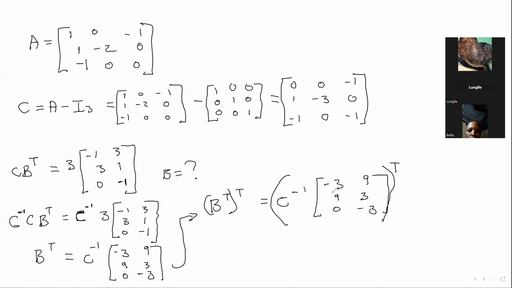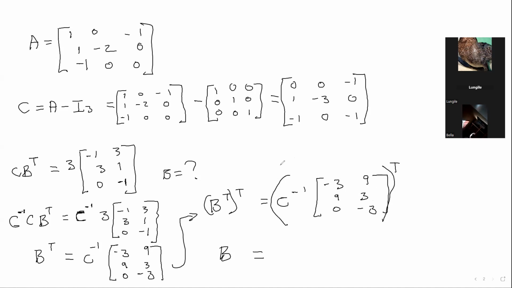You need to transpose the answer here. That means B will be equal to. So now we need to find the inverse, right? And then multiply it with this.